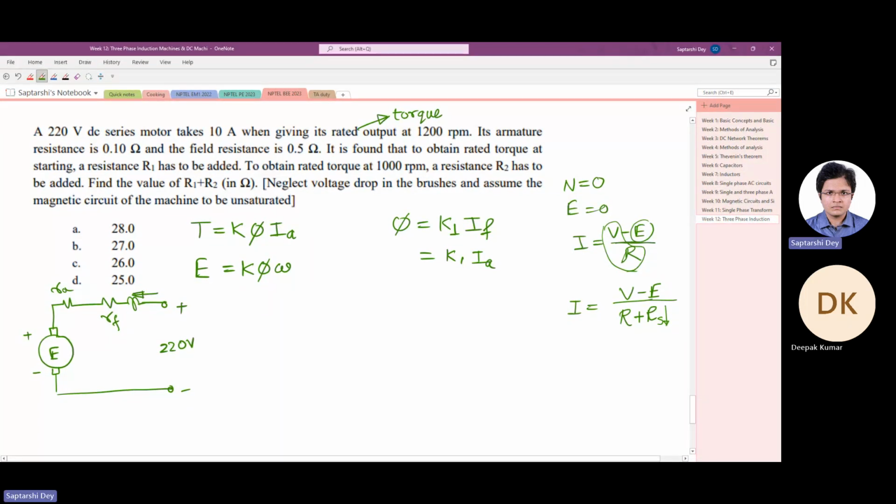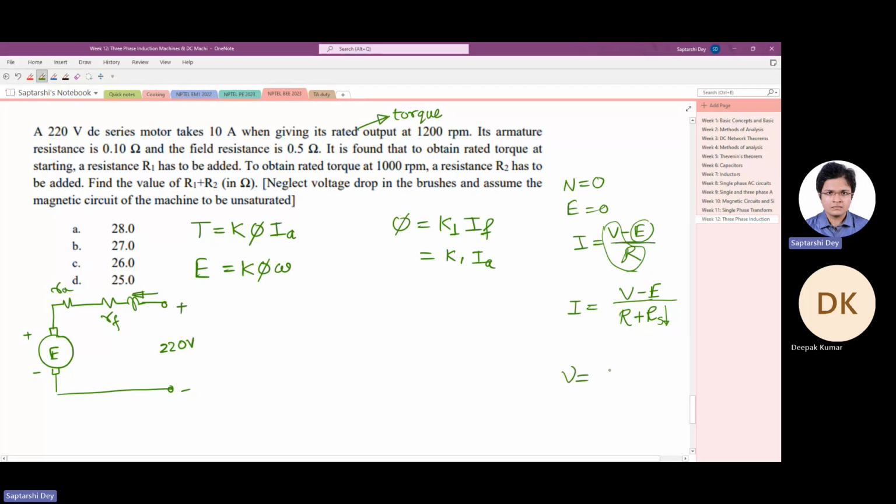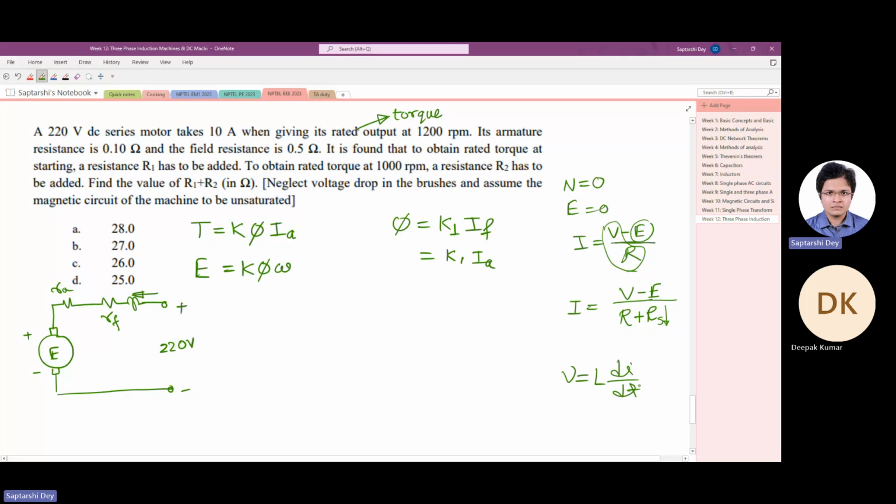You may or may not draw the field inductance while solving, because we are not talking about transients here. We are talking about steady state. At steady state, the average voltage in the inductor is 0, right? And in this case, it is anyway DC steady state. So V is L di/dt. Current is constant at steady state, so V is 0.